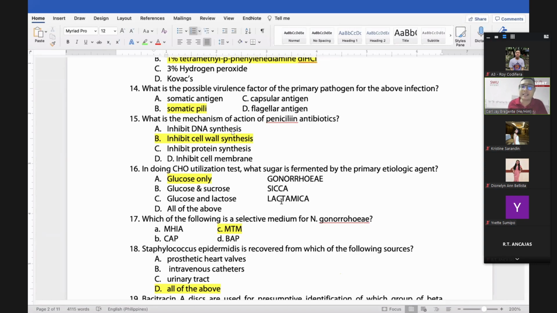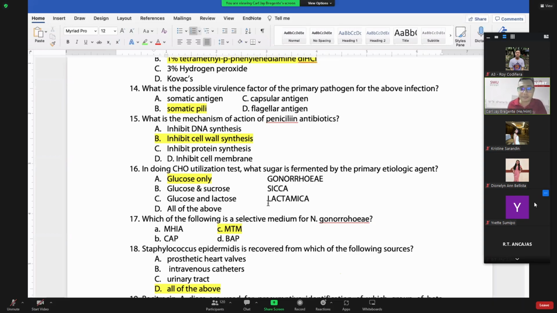Neisseria sicca and Neisseria lactamica are opportunistic pathogens. These are commensal organisms, so they are part of the normal flora only. But they can also cause disease if given a chance. These two are just normal flora of the upper respiratory tract.